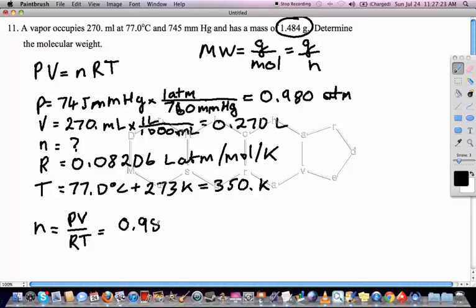0.980 atmospheres. And we've got a volume of 0.270 liters.